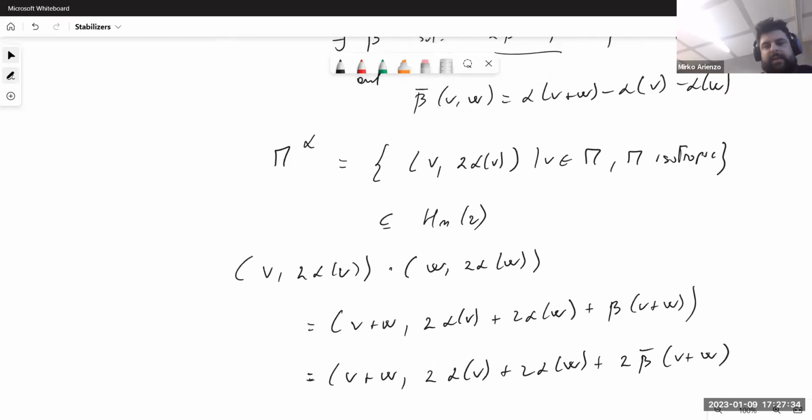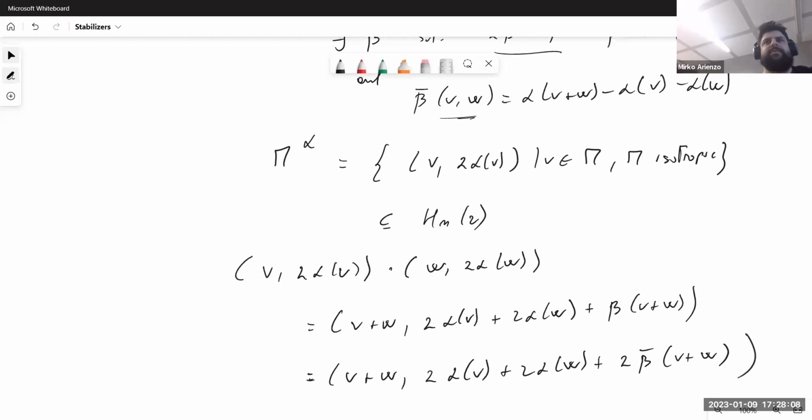But now you can just apply this expression here for beta bar, and then the terms alpha of V and alpha of W will just cancel, and you are left with alpha of V plus W, so this group is abelian.